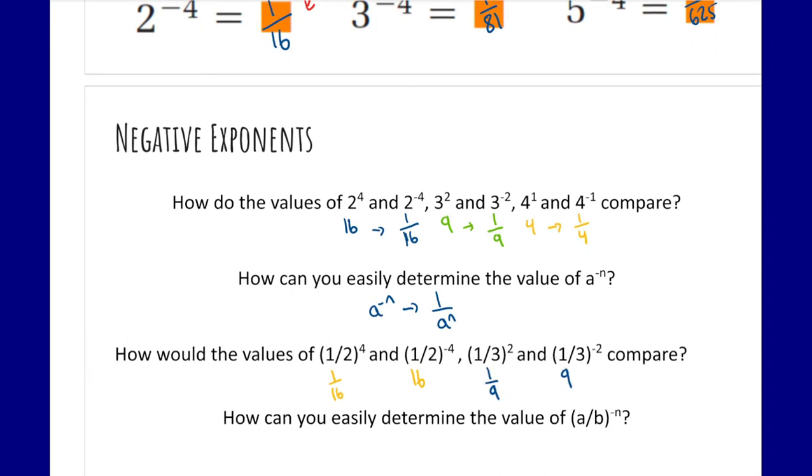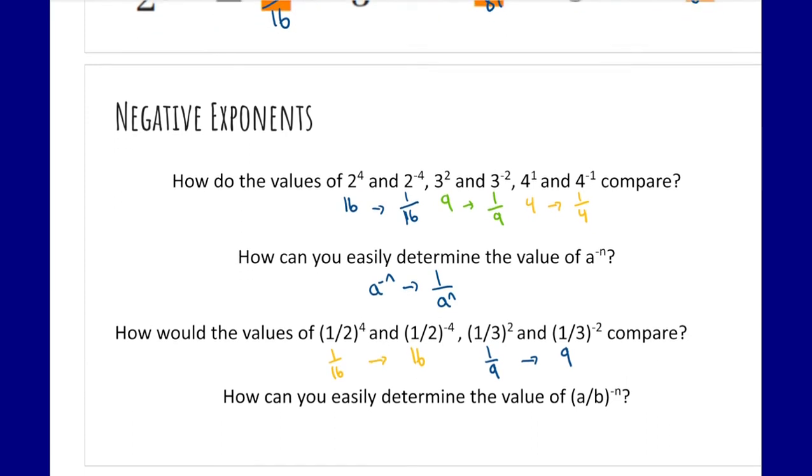So what do we see that's going on between here? Well, here we see the same thing. So it doesn't matter if our base is a fraction. So if I had a over b to the power of negative n, if I want to figure out what that is, I can just flip my fraction, b over a to the power of positive n.